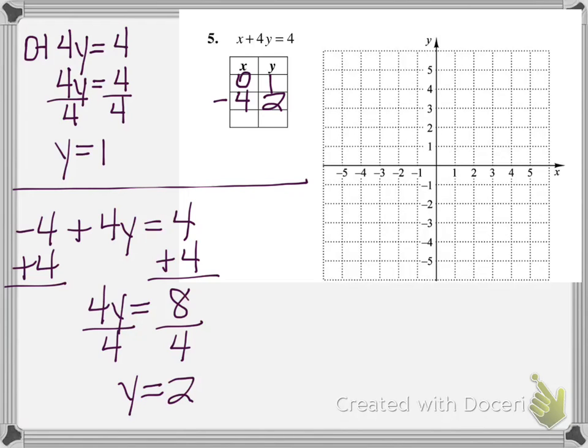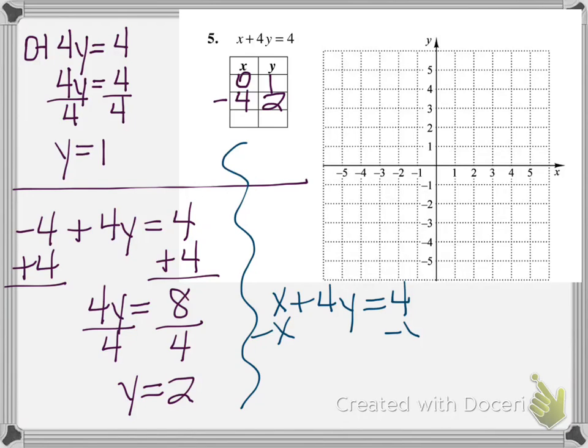Now, the other thing that I could have done, instead of dealing with it in this form and trying to forecast what I might get, is you could take your original equation and solve for y. So the x plus 4y equals 4. If you treat it like a formula and get y by itself, you would move your x term, and you're going to get 4 minus x, and then you have to divide everything by 4.